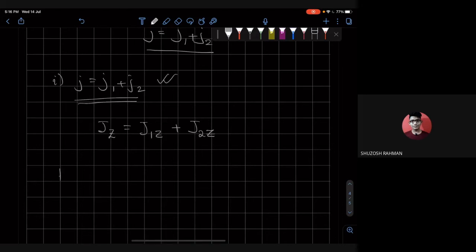So the highest weight state by assumption is something which will have the M value J, and of course the J value is by assumption J, right?